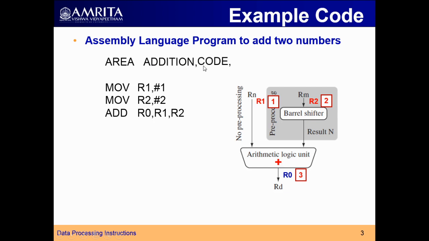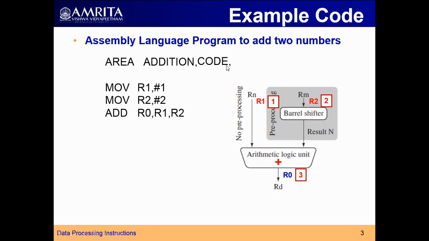The second parameter is the actual area where you are going to store this program. I said in my case I need to store the program in code memory. So the second parameter specifies which area you need to store it in. So I am writing it as CODE. This CODE keyword you cannot change, and it should be in capitals also.